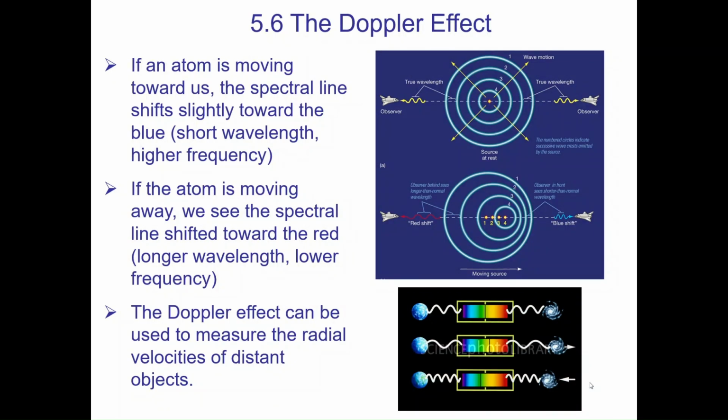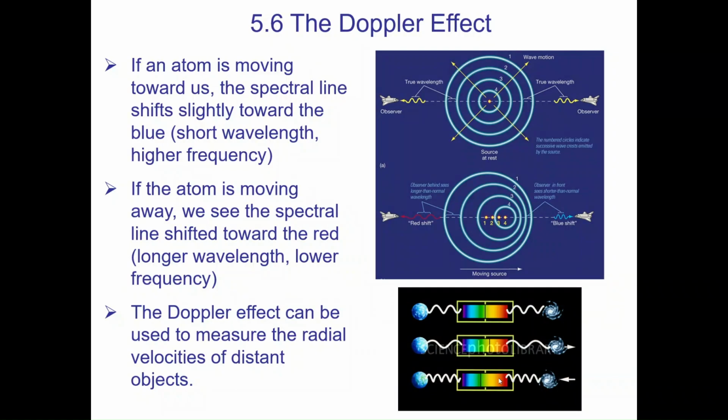This way we can get what we call the radial velocity. Radial velocity just means it's either moving away from us or moving towards us. If it's just moving across in front of us, that is something the Doppler effect cannot tell.